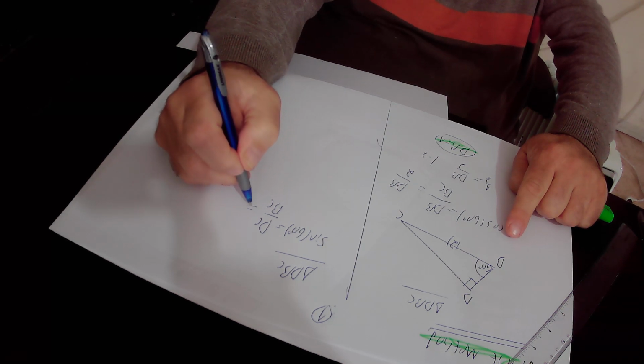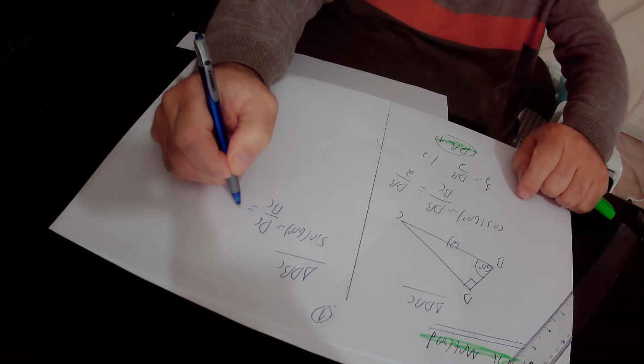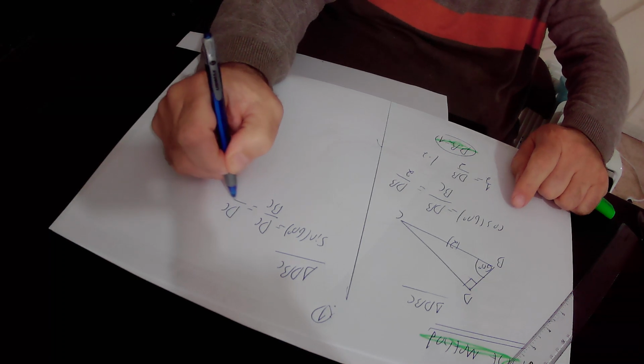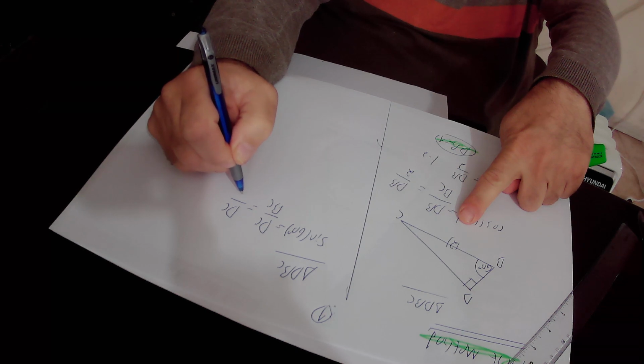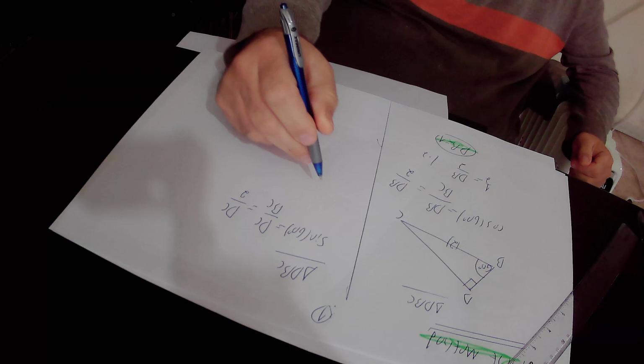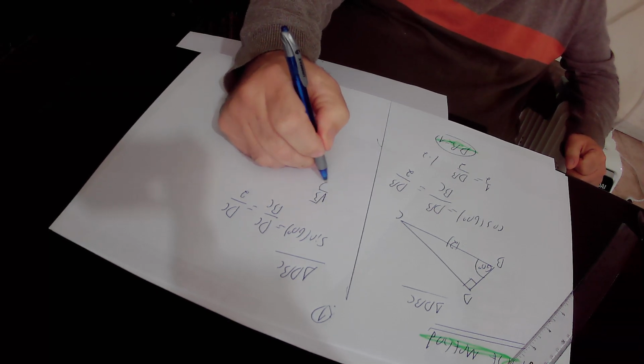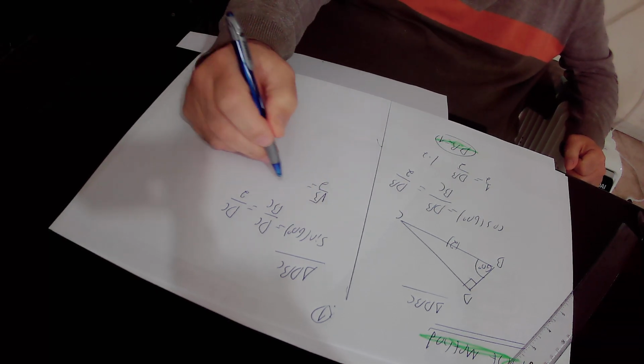So sine of 60 degrees equals DC, that is the missing side, over BC. BC equals 2 units in its length according to what is given in the question. So BC is 2. Sine 60 degrees is equal to square root of 3 over 2. And square root of 3 over 2 equals DC over 2.